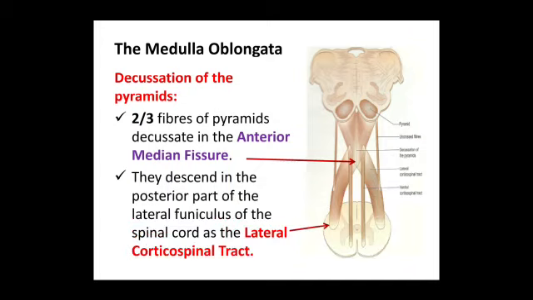The decussation of the pyramids: two-thirds of the fibers of the pyramids decussate in the anterior median fissure. They descend in the posterior part of the lateral funiculus of the spinal cord as the lateral corticospinal tract.